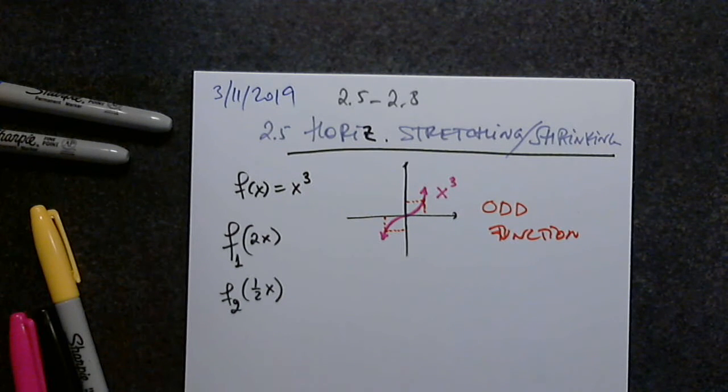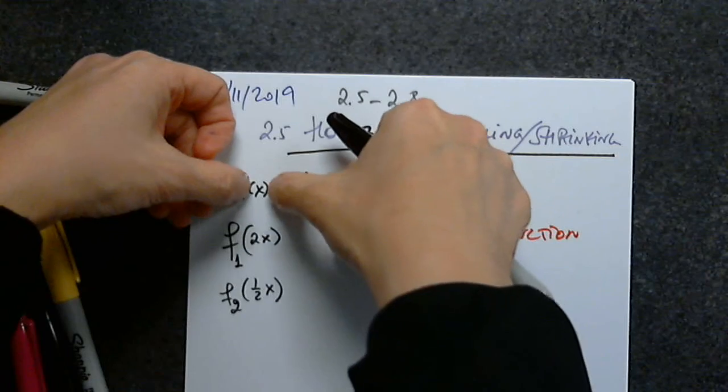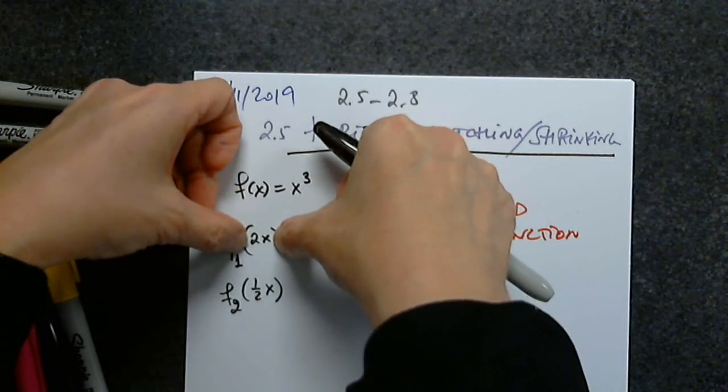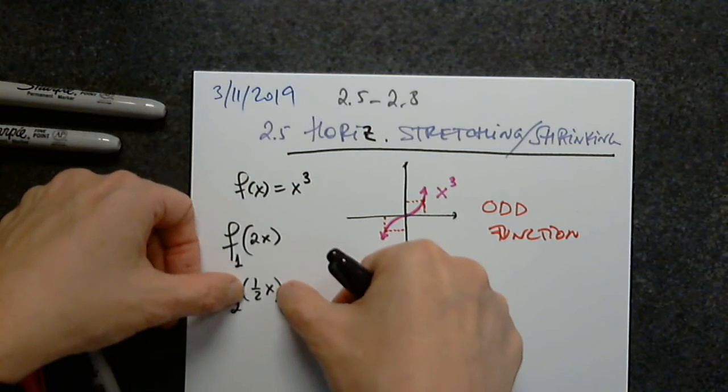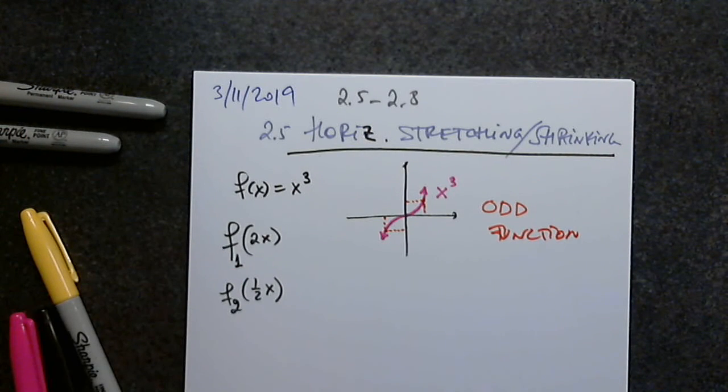If I say I'm changing y, then it must be something going on vertically. Indeed, I'm changing x from x to twice x, and later on, for a different example, from x to 1/2 x.